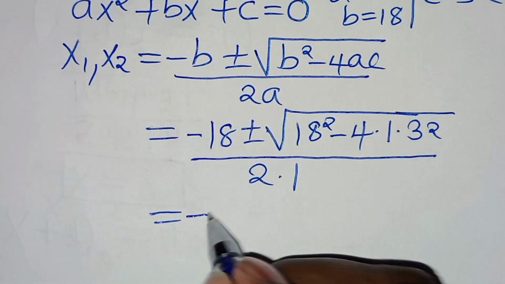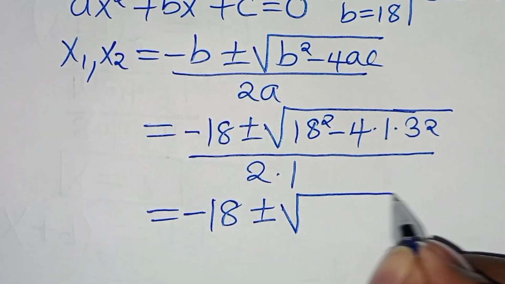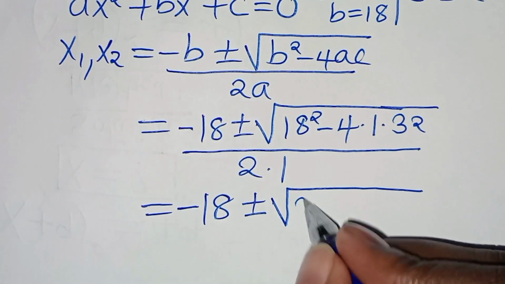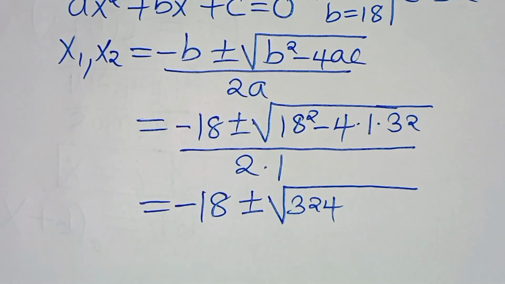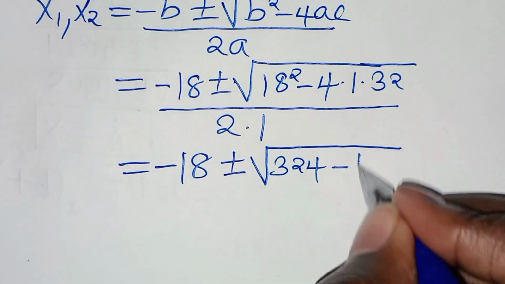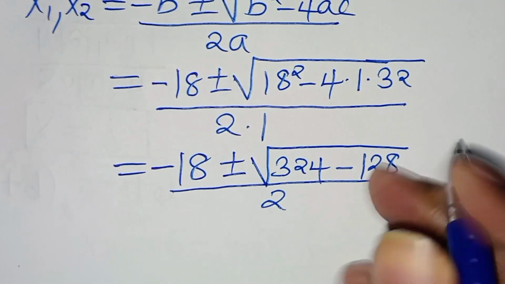So here we have -18 plus or minus the square root of 18^2, which is 324, minus 4 times 32, which is 128. Everything divided by 2.